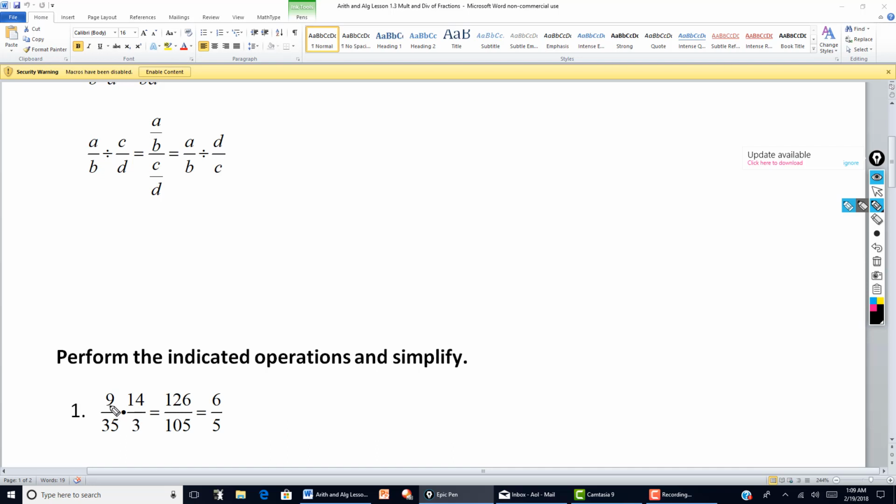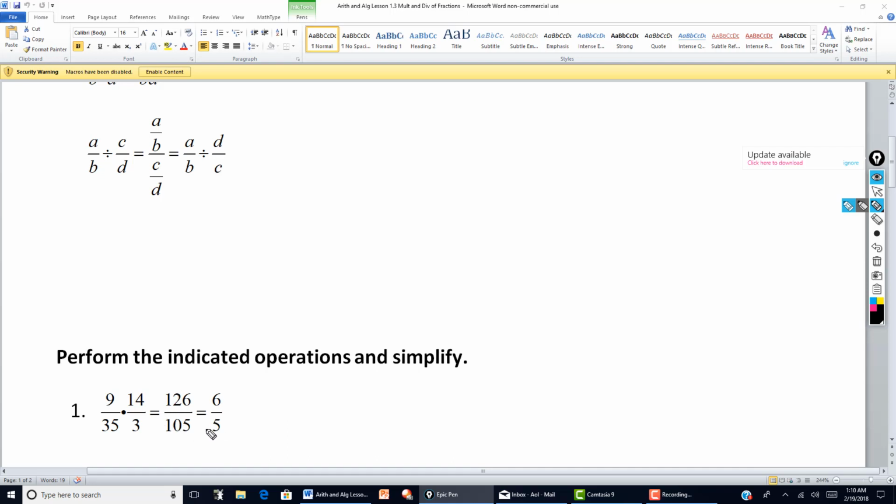So notice I have a proper fraction multiplied by an improper fraction. But that's okay right now. So I could say just 9 times 14 is 126, and then 35 times 3 is 105. And then I would have to prime factor the numerator and prime factor the denominator and then do my cancellation.